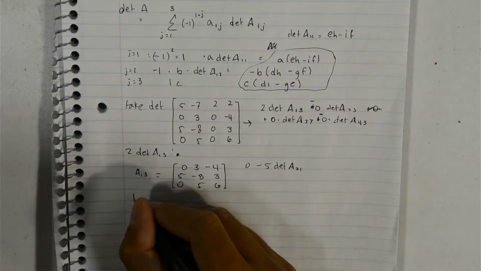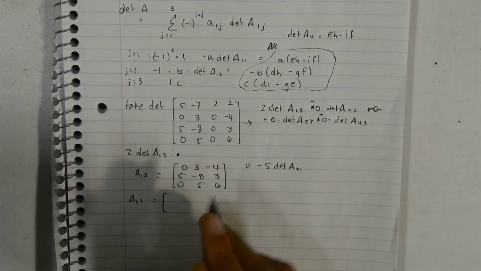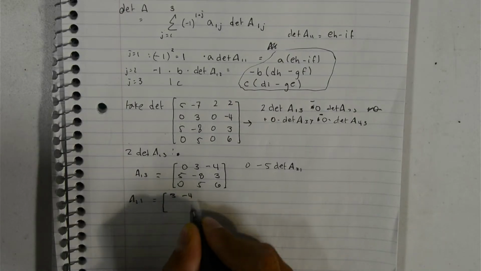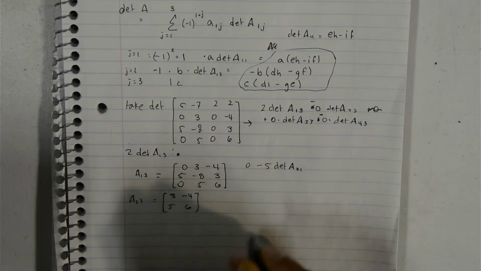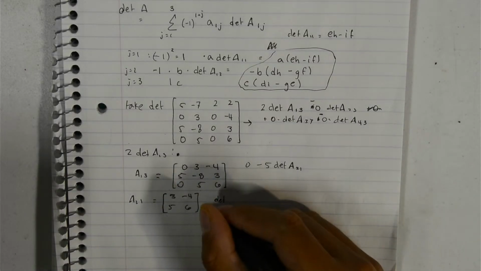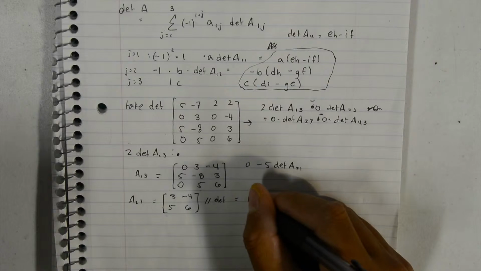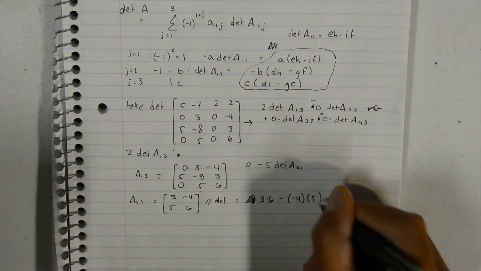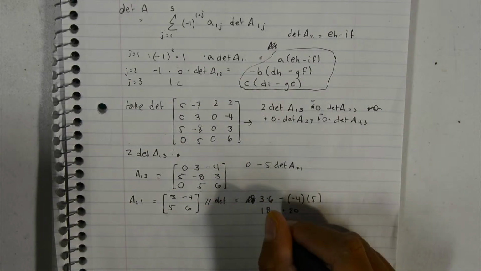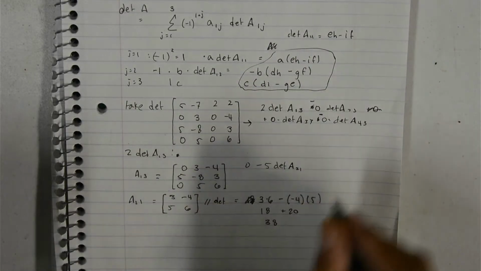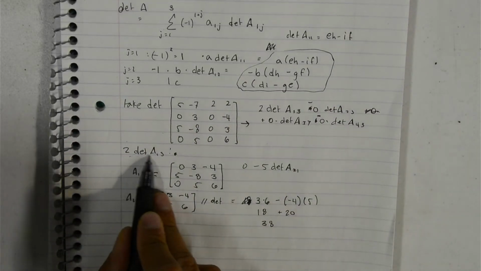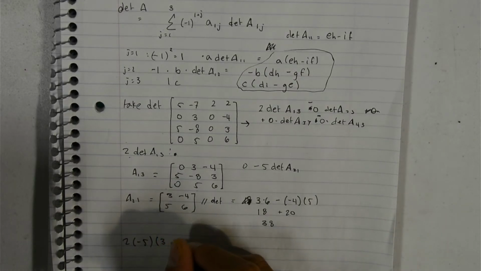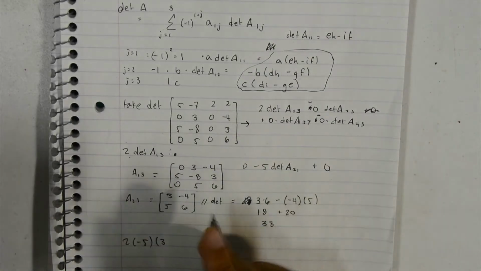So here A21 is a 2 by 2, and it's going to be 3 minus 4, 5 6. And so the det of this is 3 times 6 minus 4 times 5. So this is 18 plus 20, 38. So we're going to get 2 times minus 5 times 38. And then this is plus 0 here because we have a 0 here.